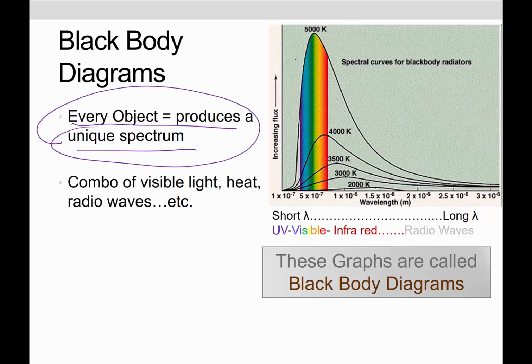And the peak of this curve of the graph of all the different wavelengths it produces is the color that we're actually going to see. A graph like this is called a black body diagram. And if I see an object that has a peak right around the yellow-green, well, then we're looking at something that's going to appear yellow-green.